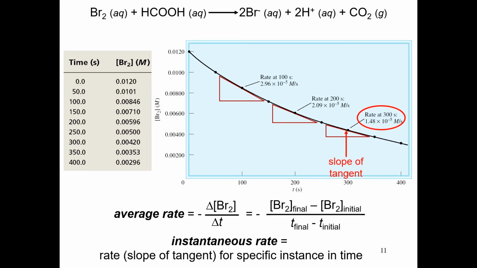Feel free to stop the video at any time and go back and make sure you understand this difference between the average rate and the instantaneous rate, okay? Feel free to do that.